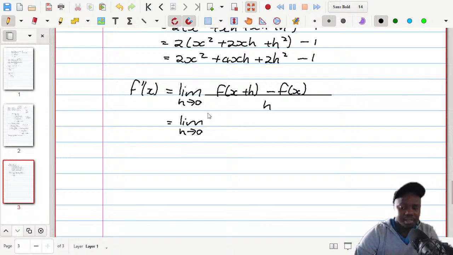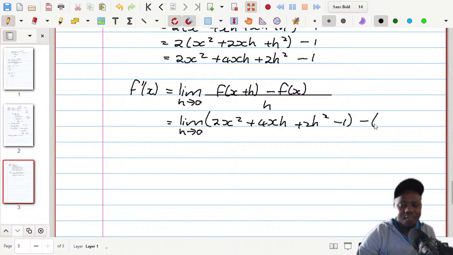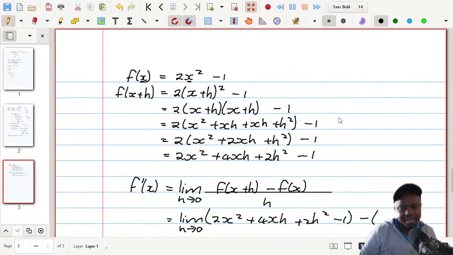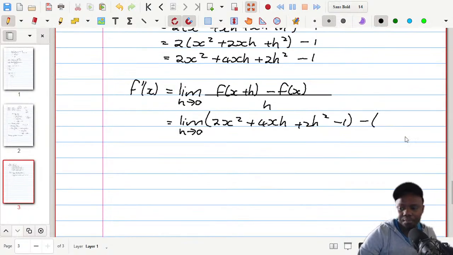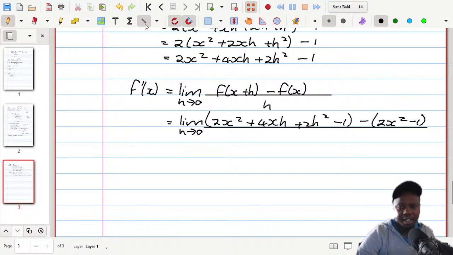What that means is open up a bracket, then put down f of x plus h. So 2x squared plus 4xh plus 2h squared minus 1, minus, for f of x as well, put it in brackets. We've got f of x is 2x squared minus 1. So 2x squared minus 1. And then all of this is going to be divided by h.